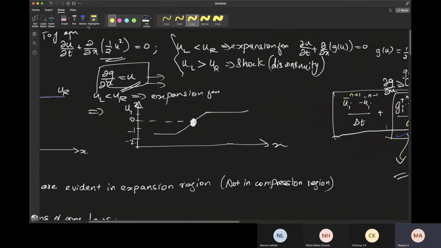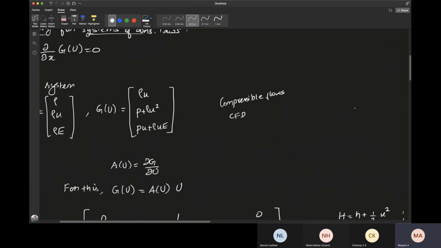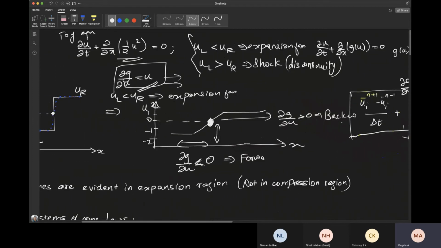Here, you have dou g by dou u as u, and we can see that there is a switch between signs at this point. To the left of this point, dou g by dou u is negative, and here we'll have forward differencing, and towards the right we have dou g by dou u as positive, and for these we'll have backward differencing.